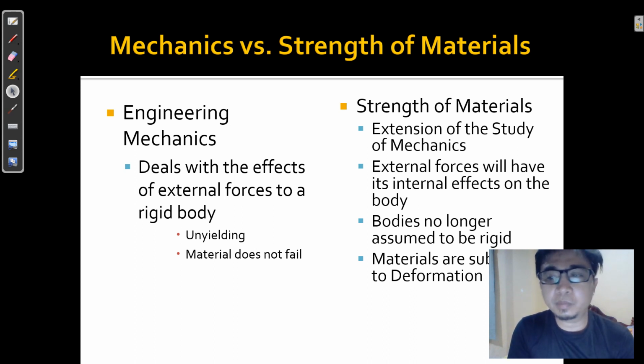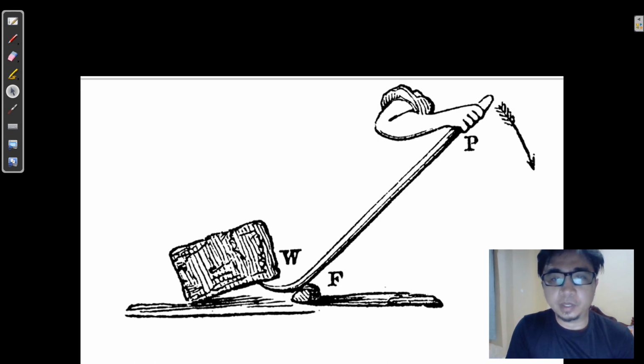When we say tolerable, it may deform, but it will not harm the end users or the community or the users of the building or any structure that we intend to construct. So it refers to the strength and rigidity of the material.